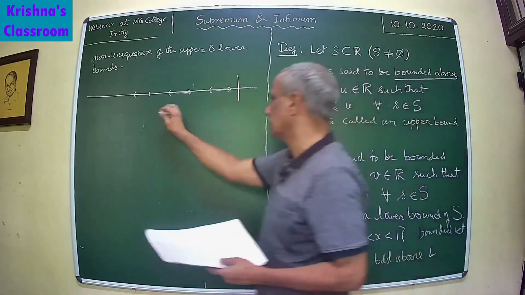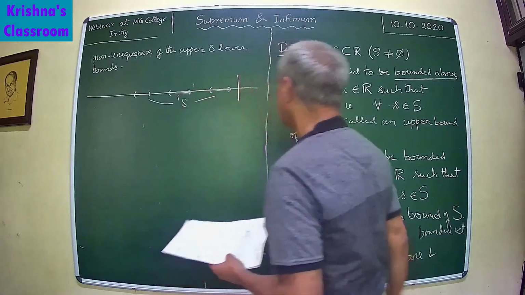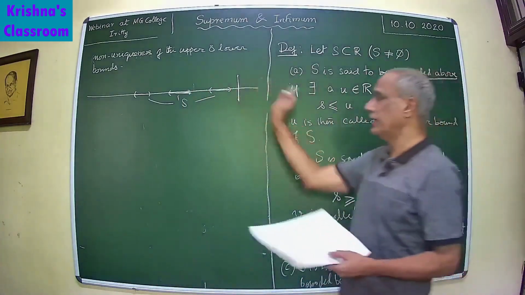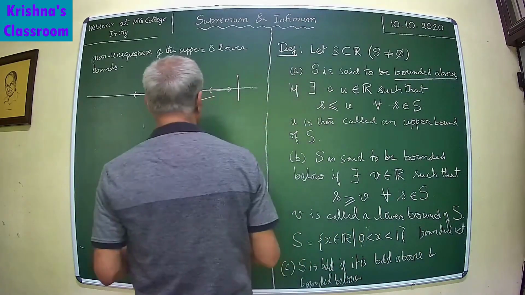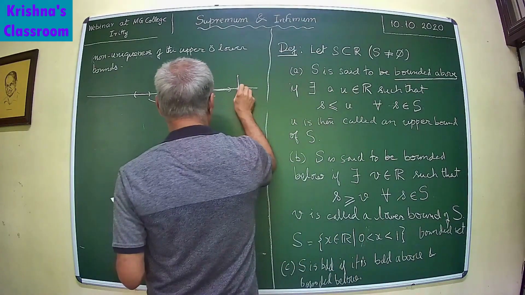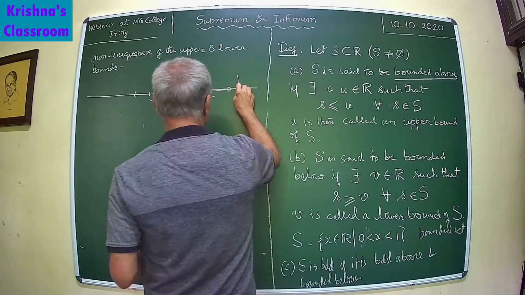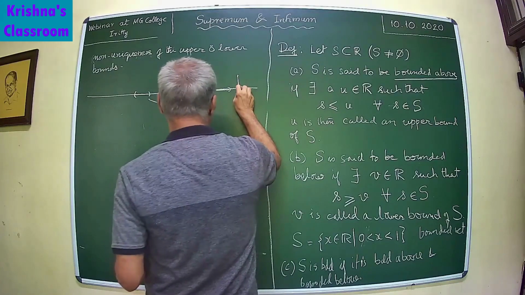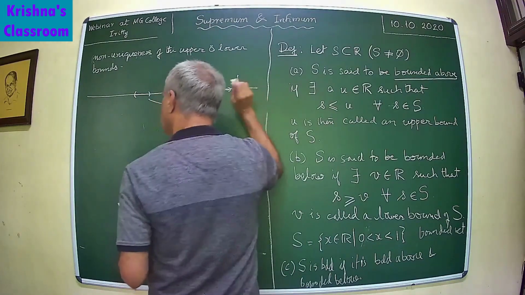This is a bounded set. Now what one would like to look at is a bound which is the least among all these upper bounds.